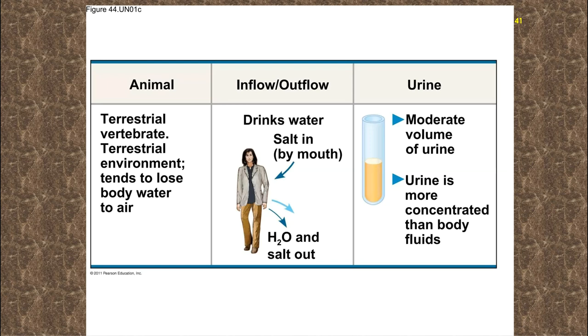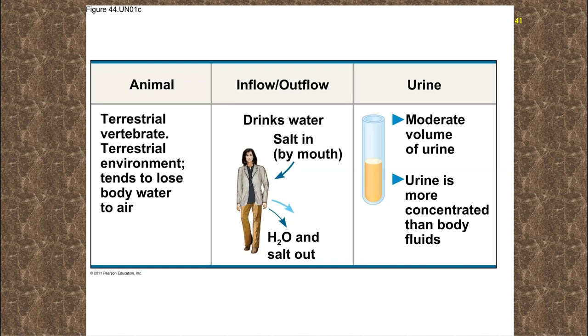For example, if an adult human being drinks about 1.5 liters of water per day, the same quantity will be produced by the body as urine. So urine is more concentrated than that of the body fluids.